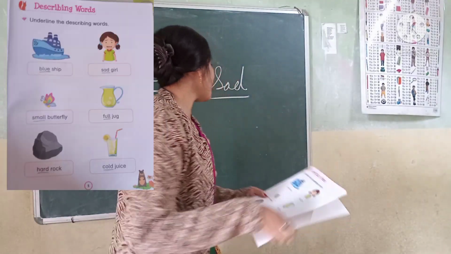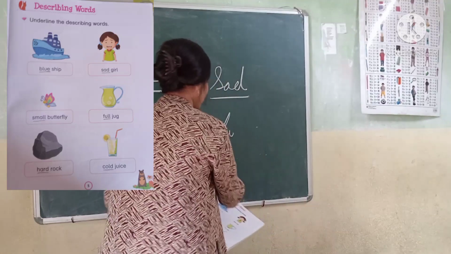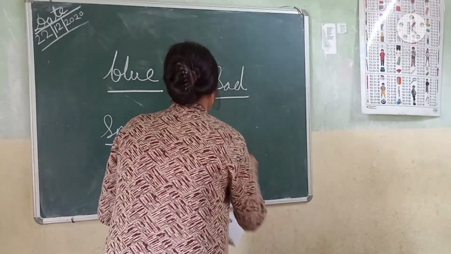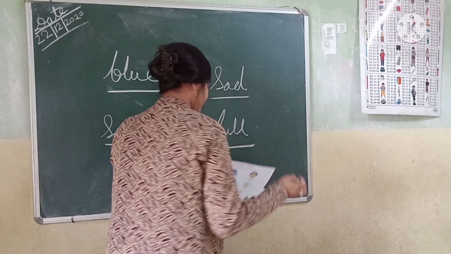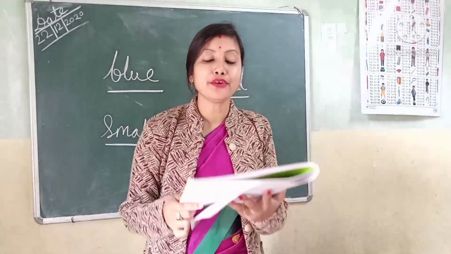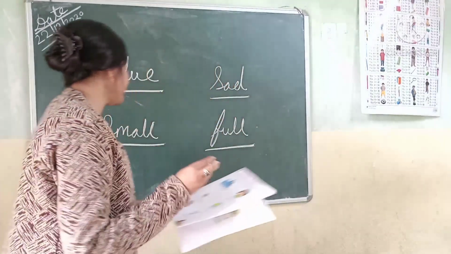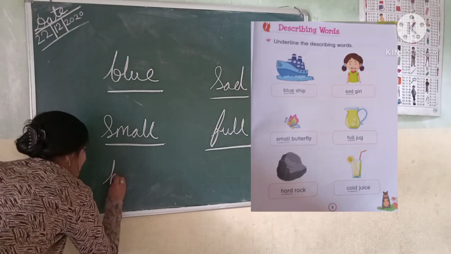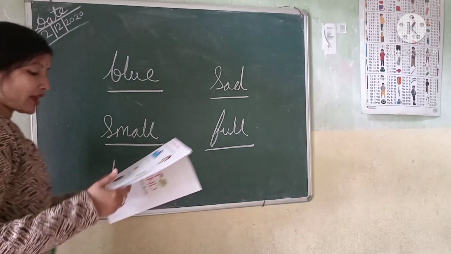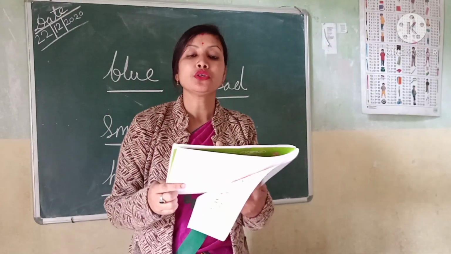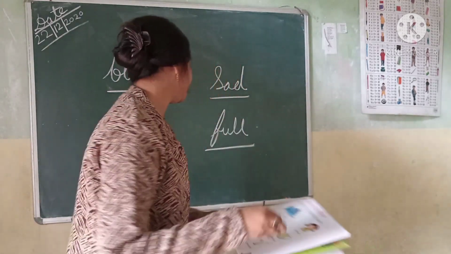Full is the describing word. Hard rock. The rock is hard. Hard is the describing word. Last one is cold juice. The juice is cold. Cold is the describing word.